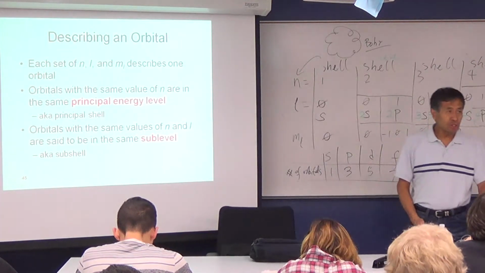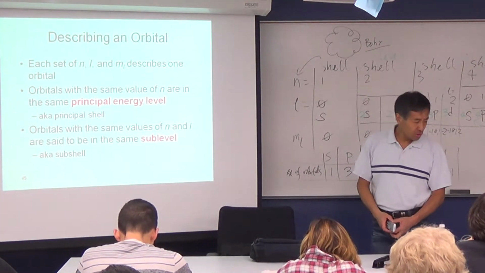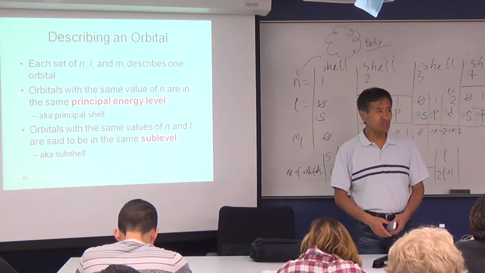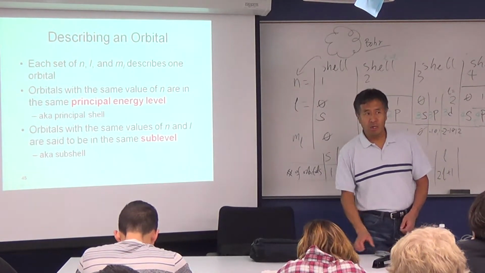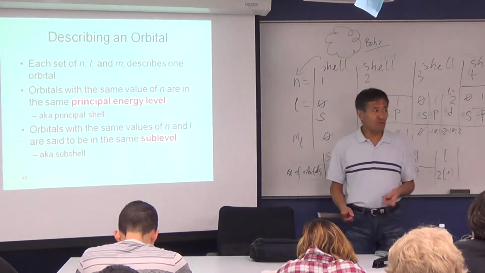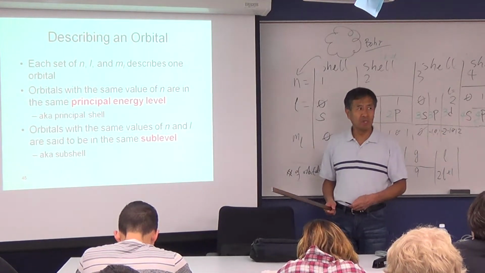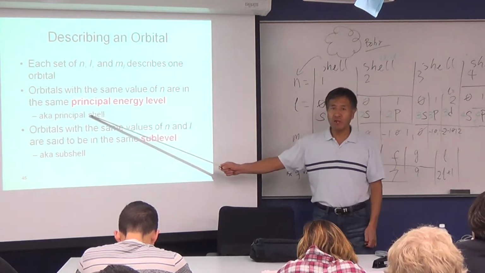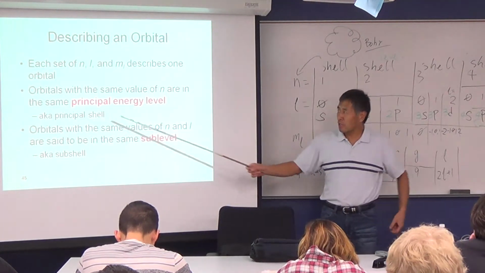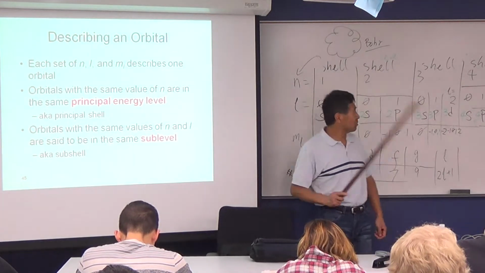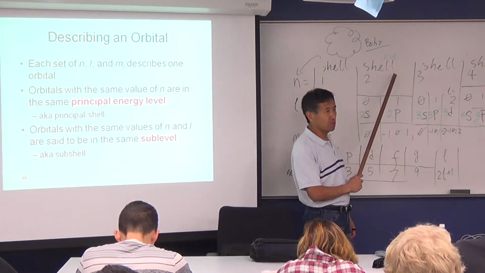And so then to really describe the orbitals, you need all 3 numbers. But you have a different level of organization. If you only tell me the number n, then you only know the principal level, the level or the shell.